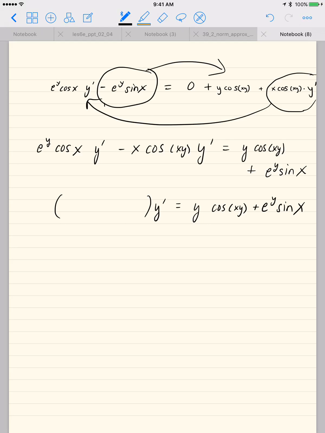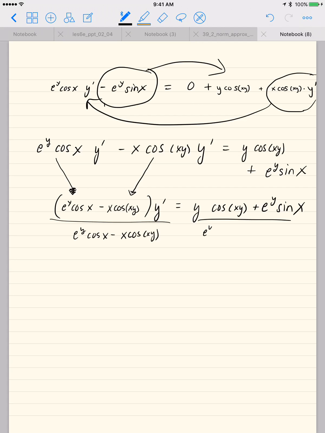So I'll have y prime times some stuff equals y cosine xy plus e to the y sine x. And what is this factor in front of my y prime? It'll be e to the y cosine x, and then minus this right here, x cosine xy. My last step is going to be to divide both sides by e to the y cosine x minus x cosine xy.